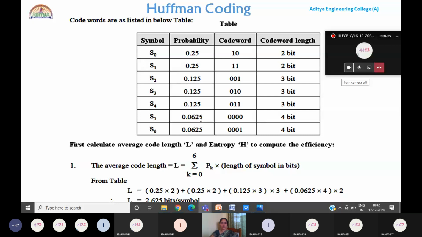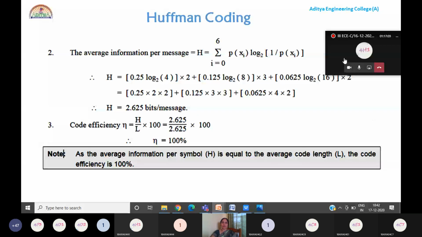And 0.0625 is repeated twice and both consist of 4 bits, so you can write directly 0.0625 into 4. Finally we get the average code word length as 2.625 bits per symbol.